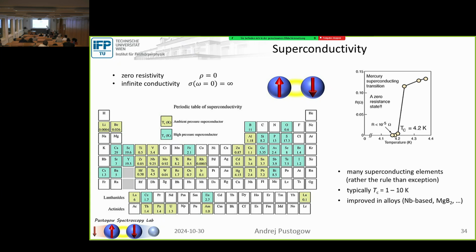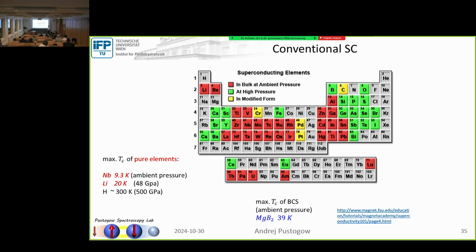But usually these temperatures are not very high, so 5 Kelvin, then somewhere close to 10 Kelvin. We know nowadays from BCS theory that conventional superconductivity is driven by electron-phonon coupling, and it depends on the mass of the atoms involved.